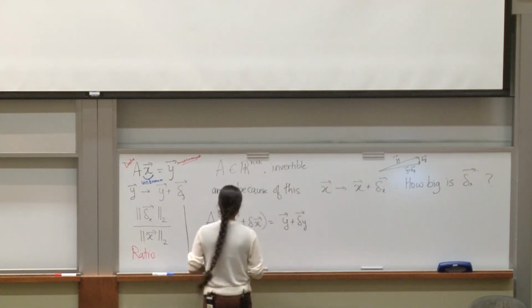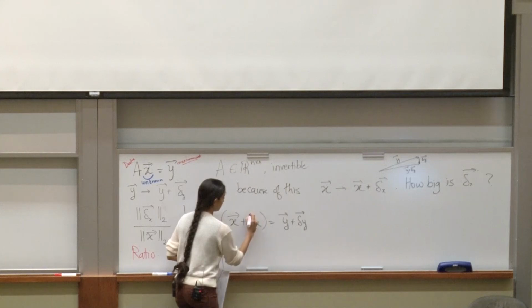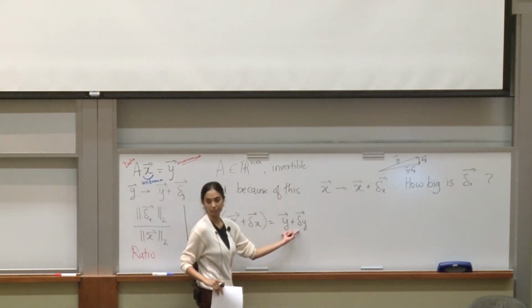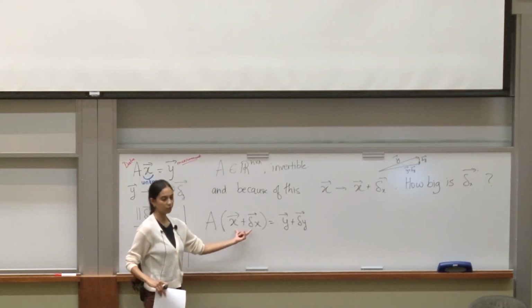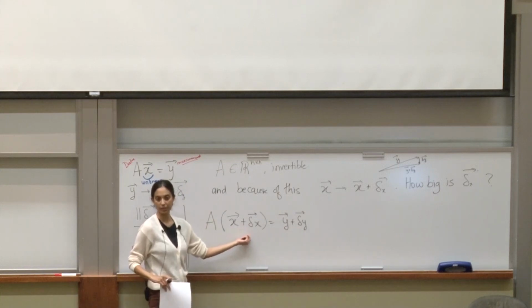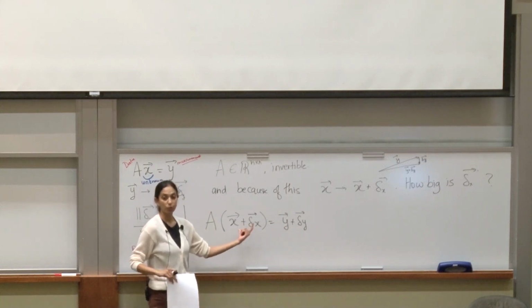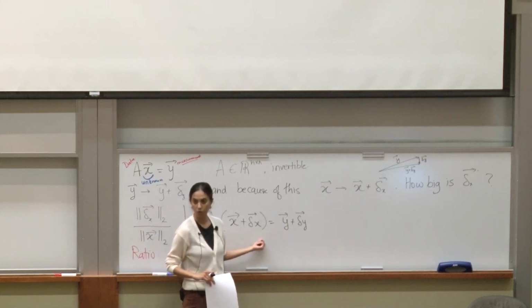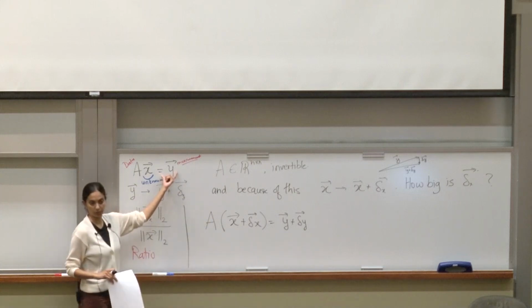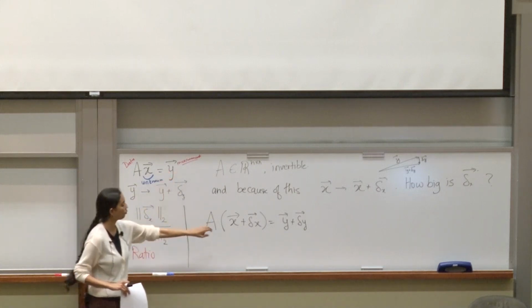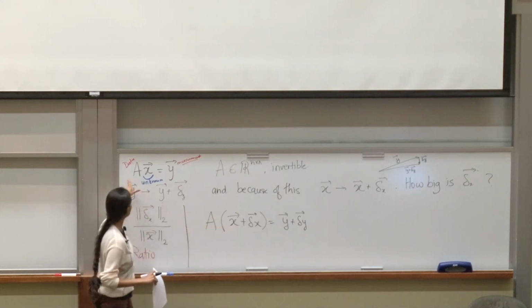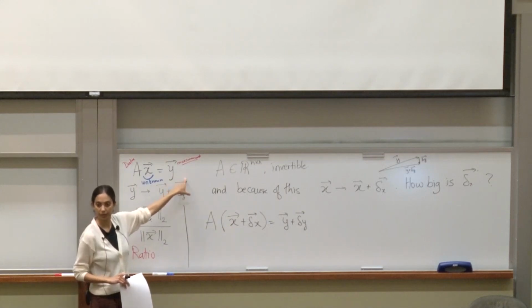So there's some perturbation, and I want to understand the relationship between the solution of this system of equations and the solution of this system of equations. How am I defining x? I'm defining x as the x that solves this.